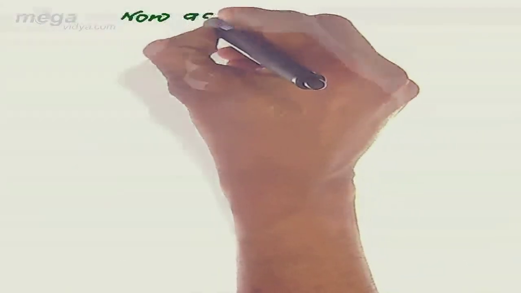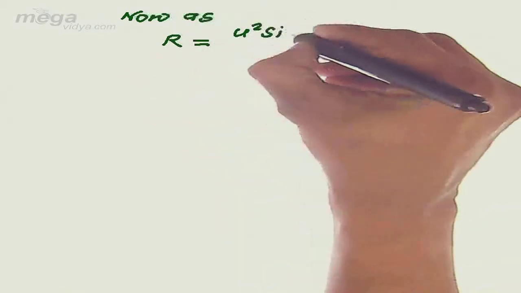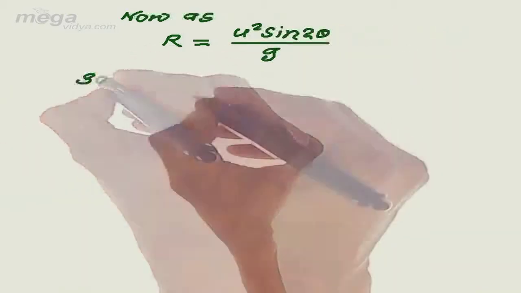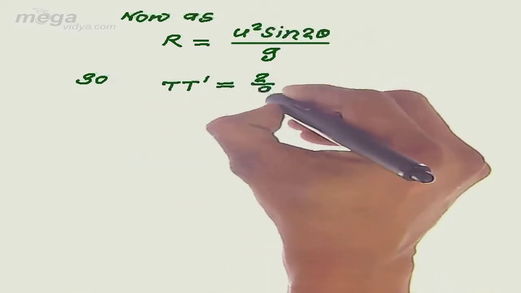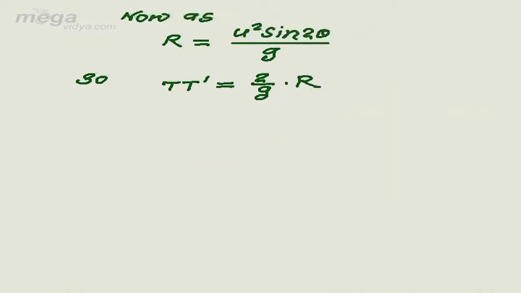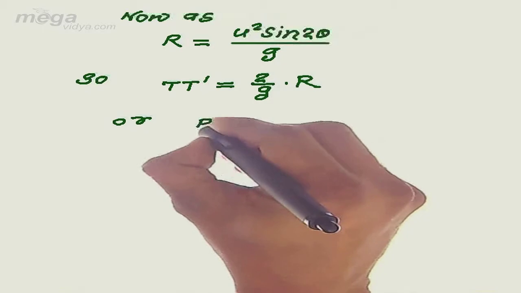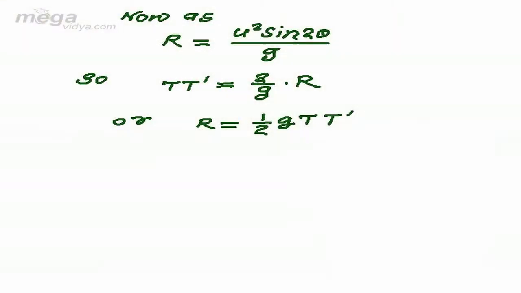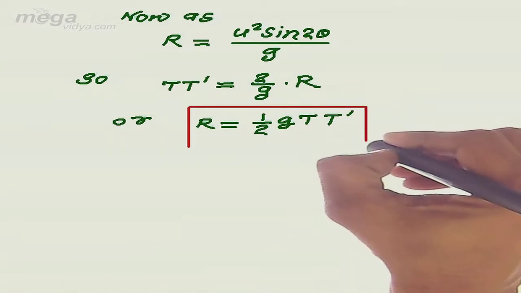Now as horizontal range R is u square sine 2 theta divided by g, so that results T T dash equal to 2 upon g multiplied by the horizontal range R, or we can see here that R can be written as half g T T dash, which is the desired result between R and time of flight for two complementary angles of projection.